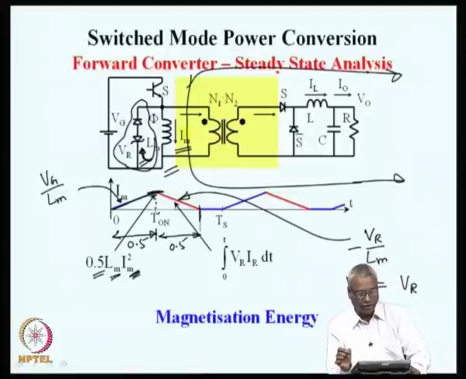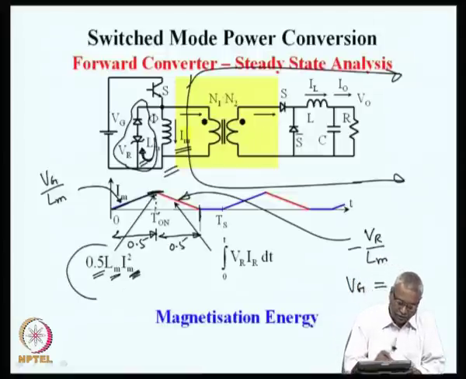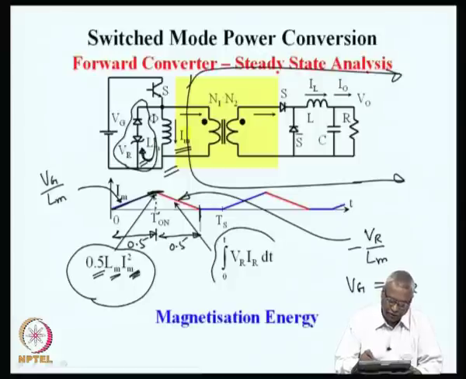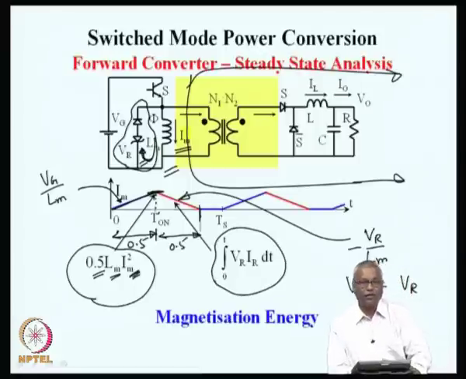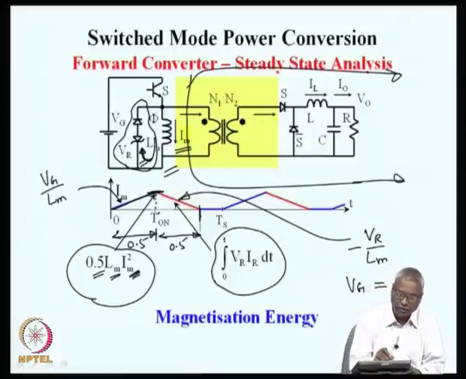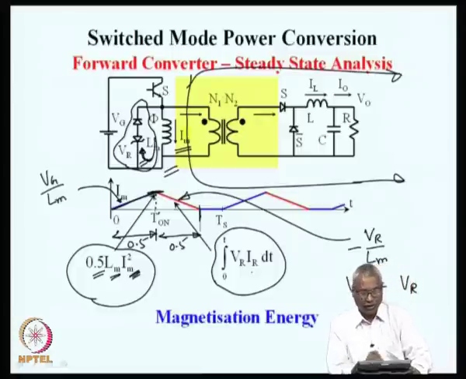So, this is the energy that is in the core, and during the off time that energy is dissipated in VR, with this total energy being the integral from 0 to T of VR IR dt.